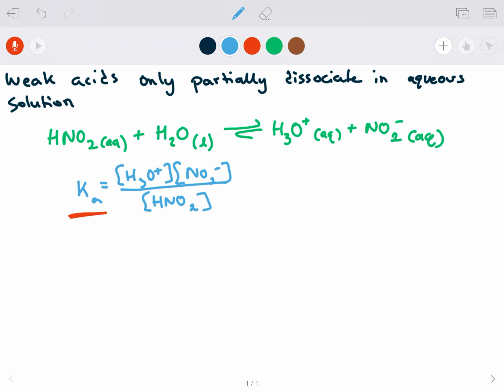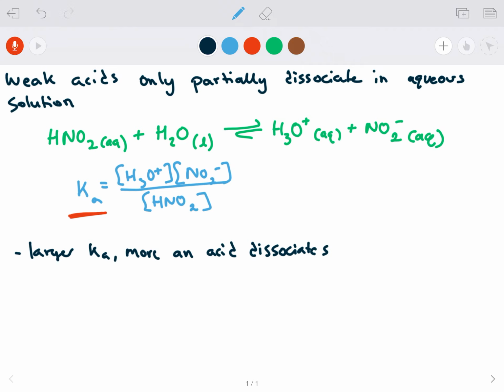Now, the larger the Ka, the more an acid dissociates, meaning it's a stronger acid. It's not a strong acid because strong acids dissociate 100% in water, but the larger the Ka of an acid, the stronger an acid it is.